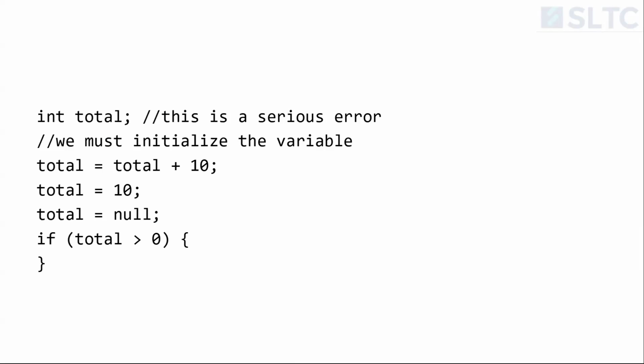So if you do this, total equals total plus 10, your program has some unpredictable result because we don't know what the total value is. It might be 0, it might be 10, it might be 100. We will have some serious trouble. This is not a problem with Java because the language has the specification saying it is 0. But as programmers, we know this is a problem. So we must avoid it at all cost.